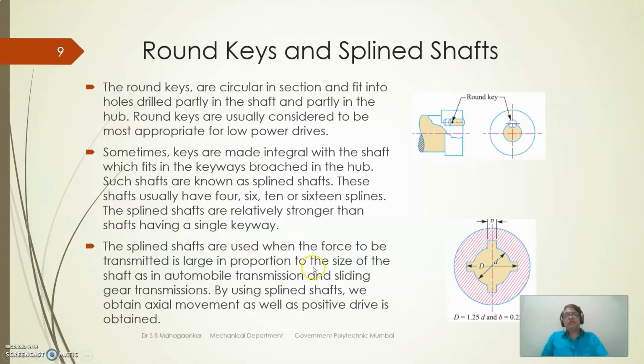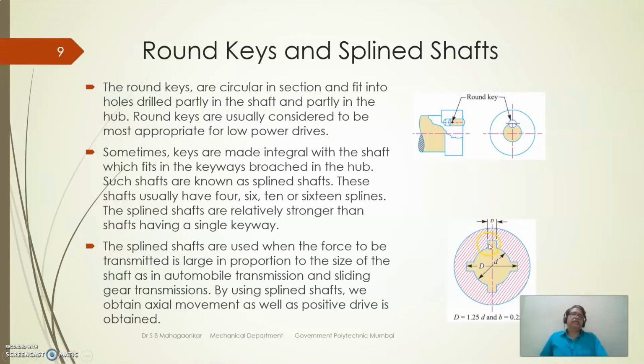The spline shafts are used when the forces to be transmitted are large in proportion to the size of the shaft, as in automobile transmission and sliding gear transmissions. When you want to switch over from one gear to another gear, the mating gears generally have an axial movement.